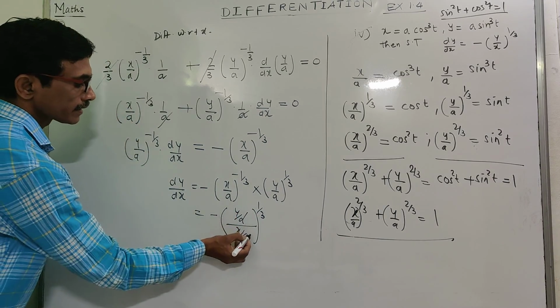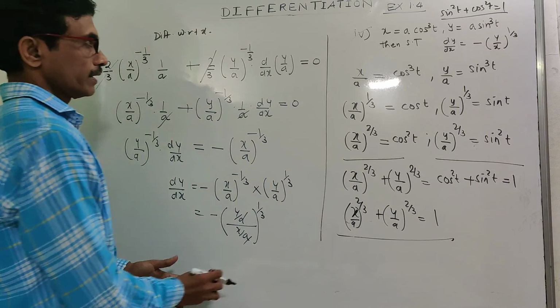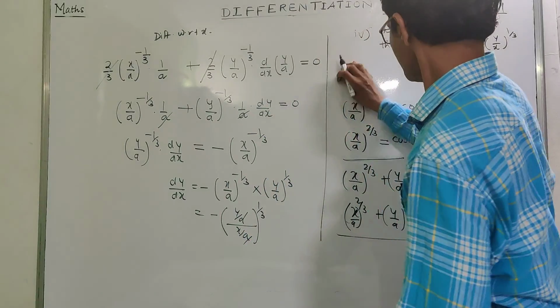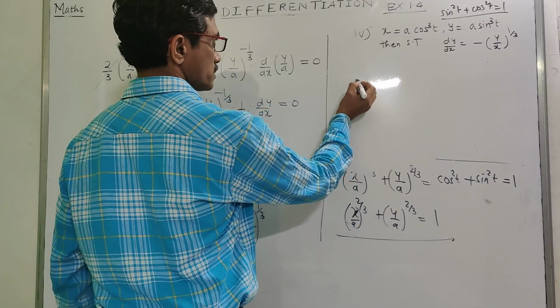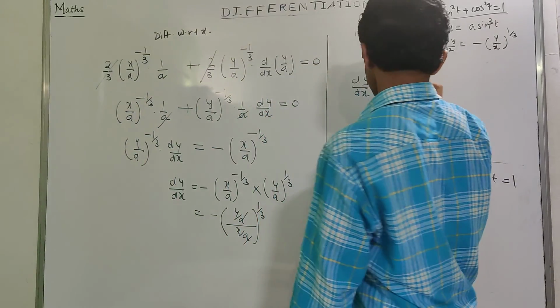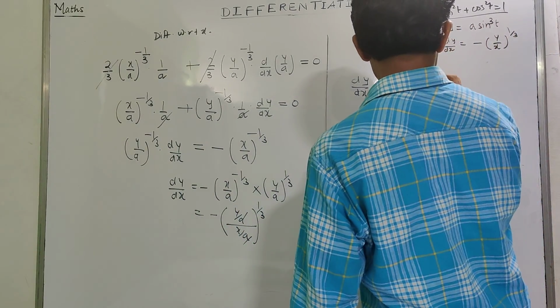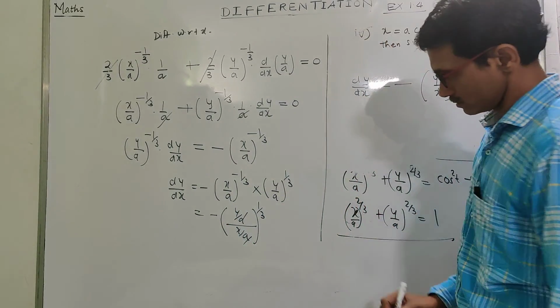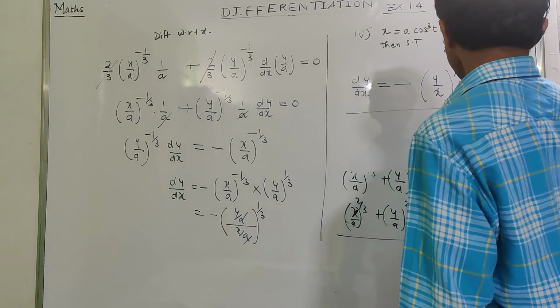This a is getting cancelled and we will get dy by dx is equal to minus y upon x raised to power 1 by 3, and this is required to show.